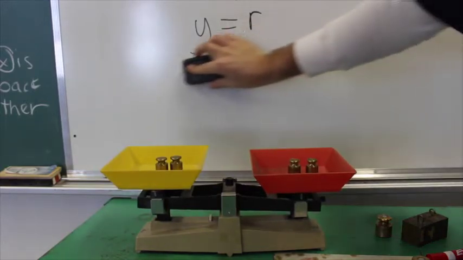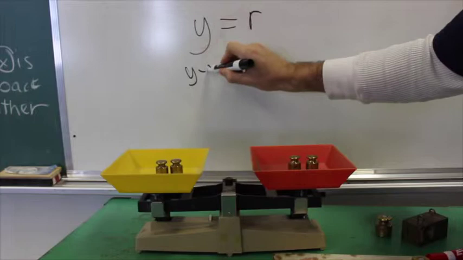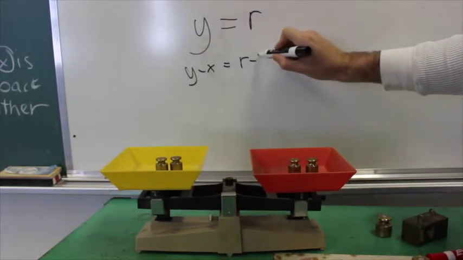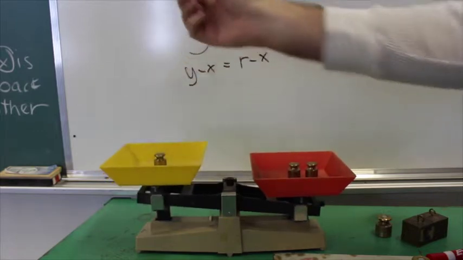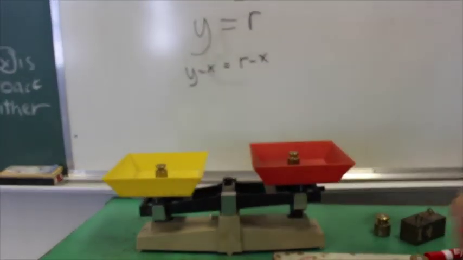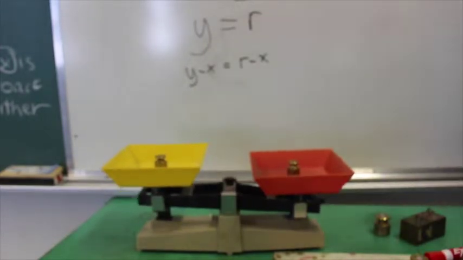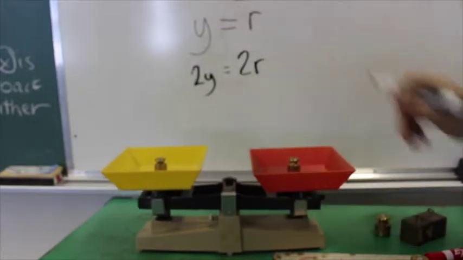We could also subtract, y minus x, and so we'd have to remove the same amount. What I have in y, I take some amount of x out, and I have to take out the same amount from the red to again make it equal. I could also multiply: 2 times the amount in y is going to be equal to 2 times the amount in r.